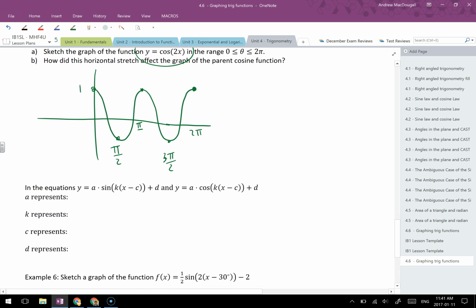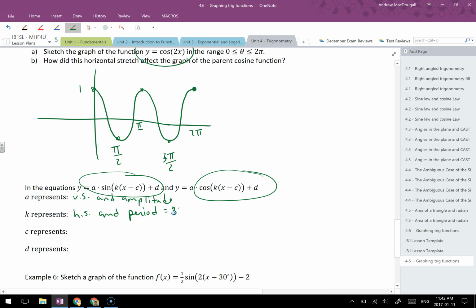So let's look at this. So in a trig function, A represents the vertical stretch, and also that affects the amplitude. K represents the horizontal stretch, and the period is 360 degrees divided by K, or 2 pi divided by K, if you're in radians.